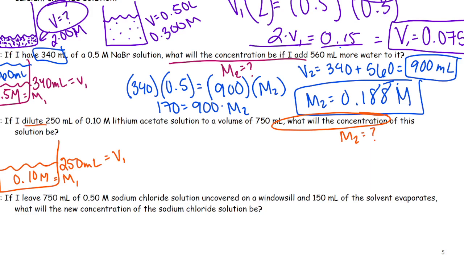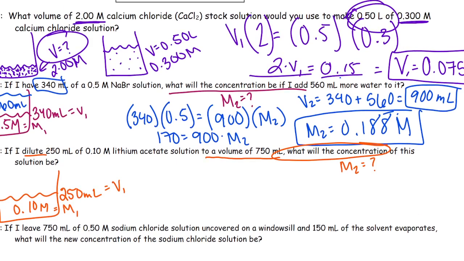You dilute it to a volume of 750 milliliters. So does that mean that my final volume is 750, or does that mean that I'm adding 750? So notice in the one where we were adding it, this one says I add 560 milliliters more water to it.